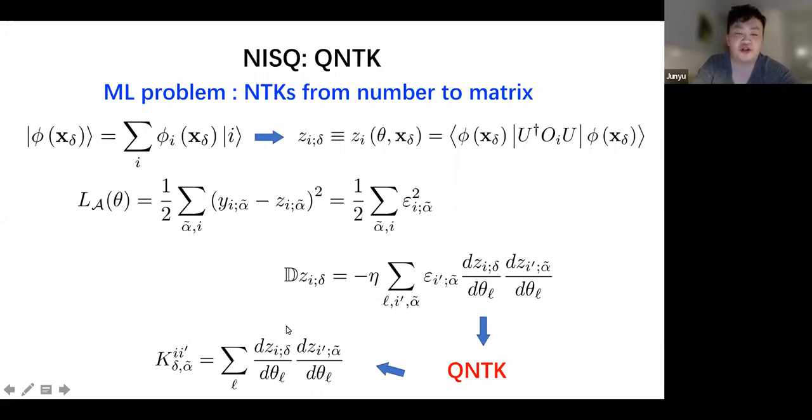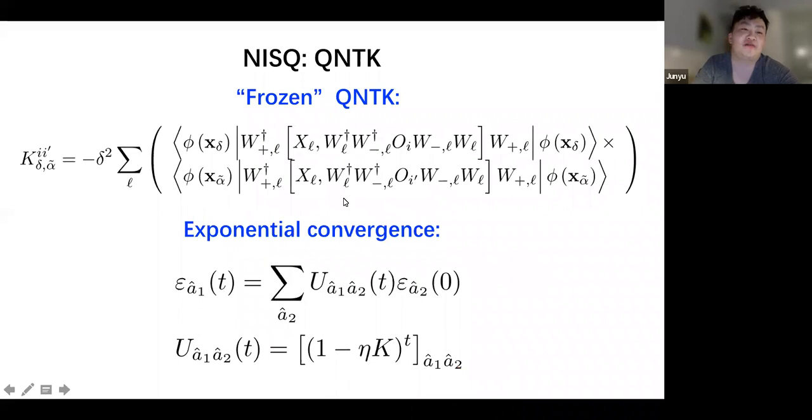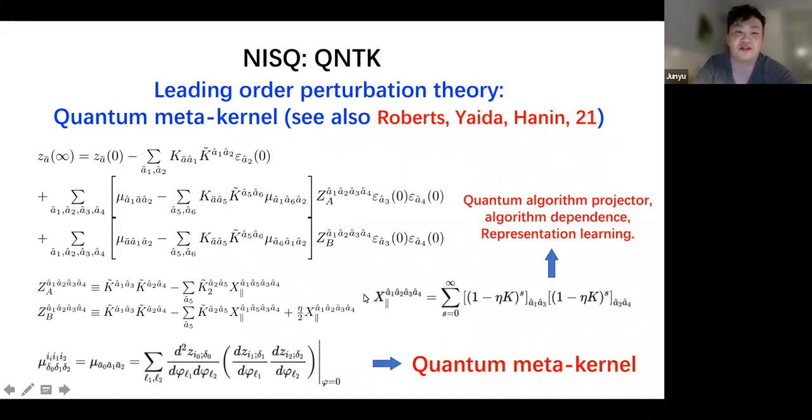So this is the general case for the supervised learning problem, and we find the same scheme will work. The answer will be similar to before, but it is just uplifting from the scalar case to the matrix case, where you have a matrix version of the exponential decay of the residual training error carrying some indices, and the algebra will be a little more complicated.